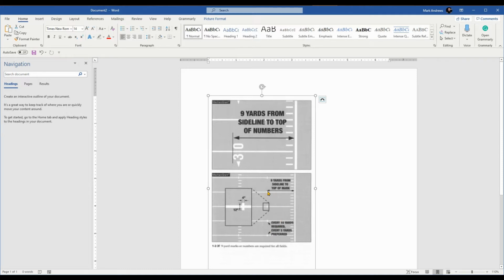Okay, and that's not to be confused with the hash marks, which are right here. The 9-yard marks also align with the tops of the numbers. So you often hear the referee say, get them below the numbers. They can't go beyond the top of the numbers if there's more than one coach or if they want to take players with them.